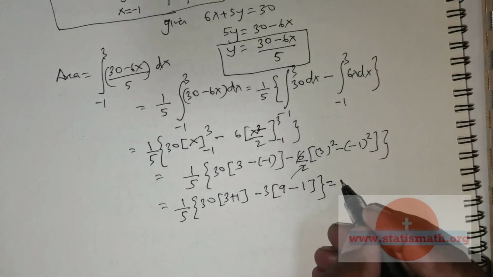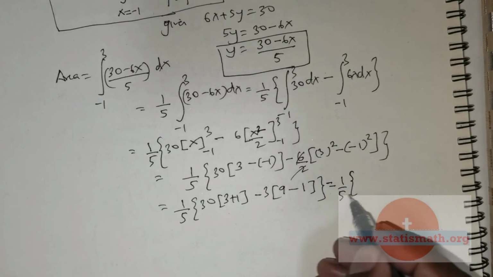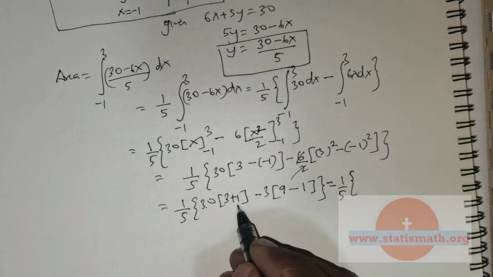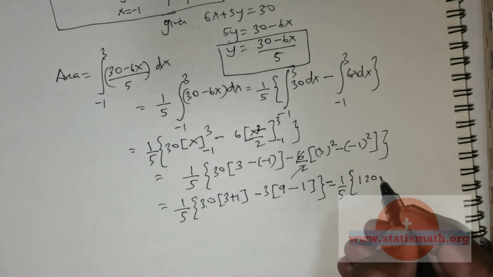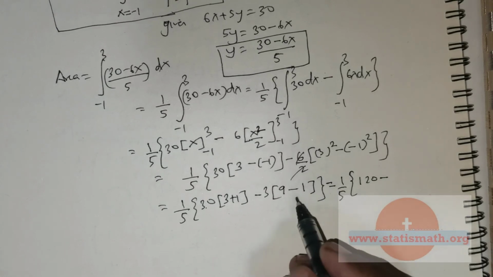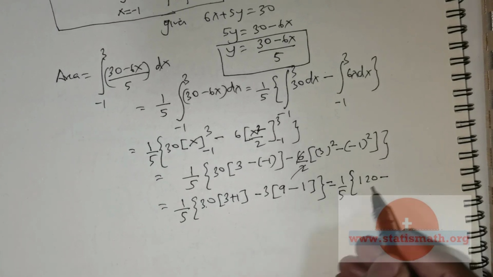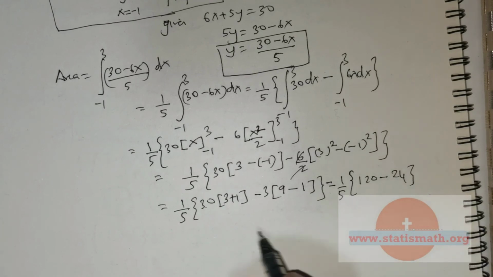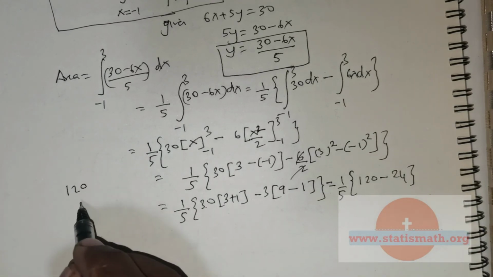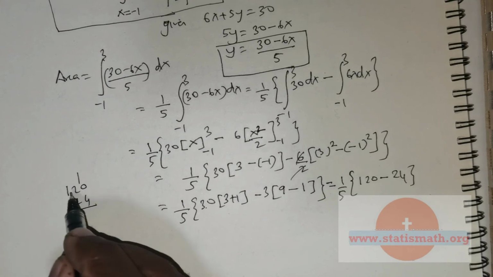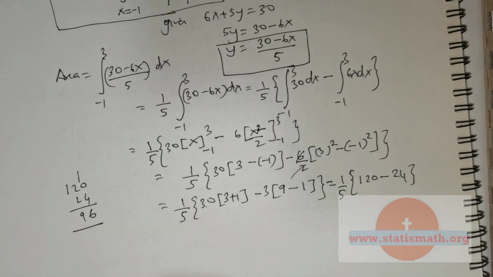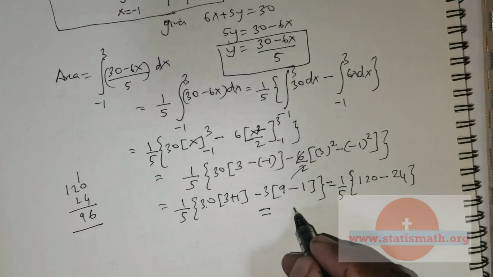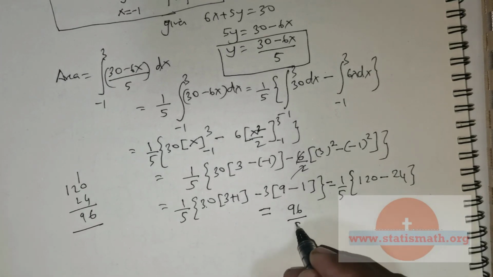Now this is equal to 1 over 5 times 30 times 4, which is 120, minus, 9 minus 1 is 8, 8 times 3 would give you 24. So you have 120 here and you have to subtract 24. Borrow 1. This will be 6. This is 11 and you'll get 9 here. So this is rewritten as 96 divided by 5.